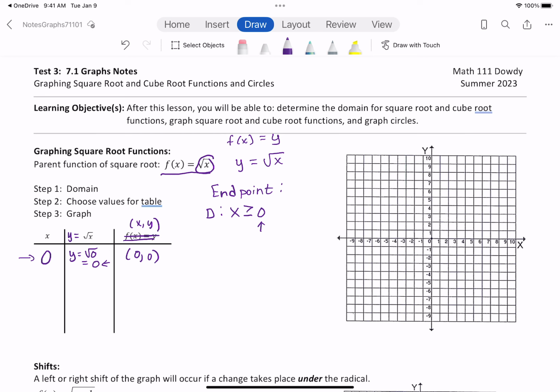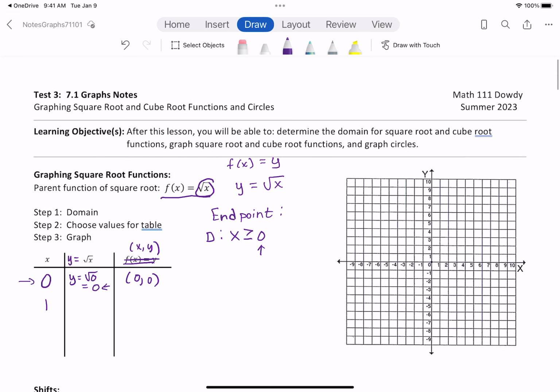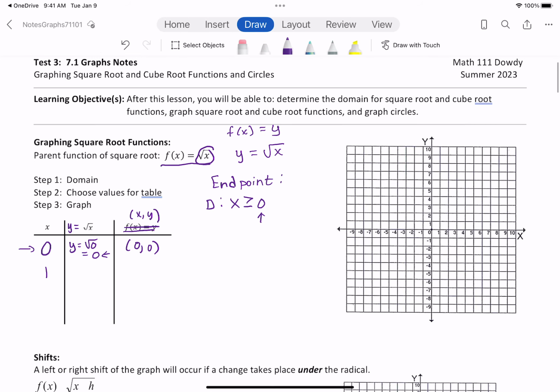And we're also going to try to make the math easy on ourselves. If we are taking the square root, then choosing perfect squares will make things simpler, because let's pick 1 here for instance. That one is the next one up from 0, and it's also a perfect square. So if I plug in 1, then I get 1, 1.